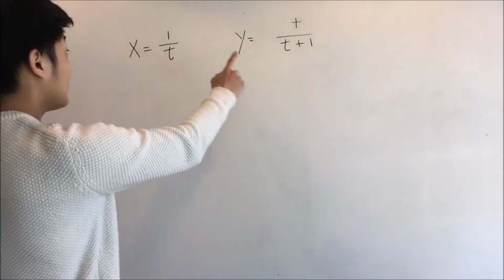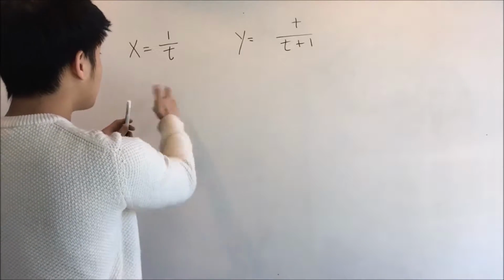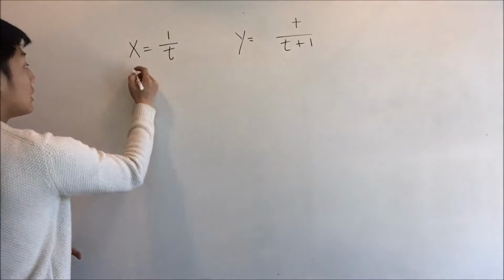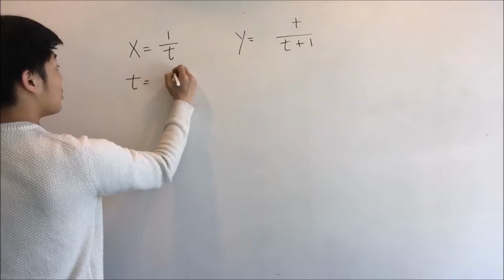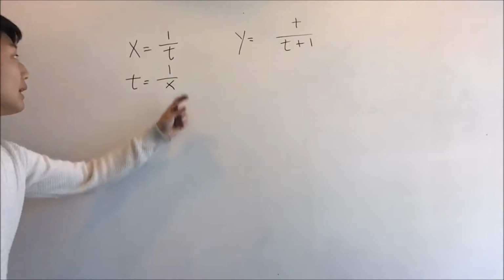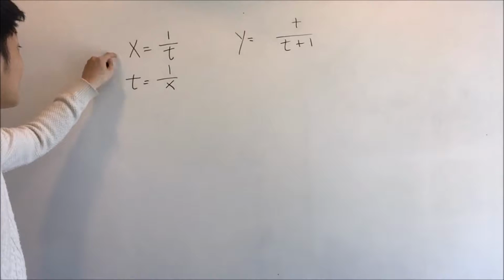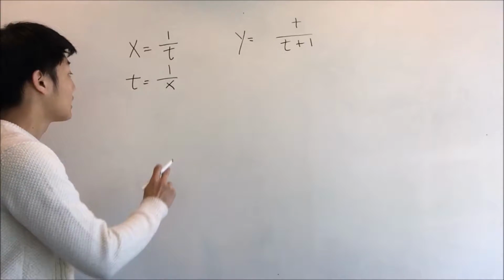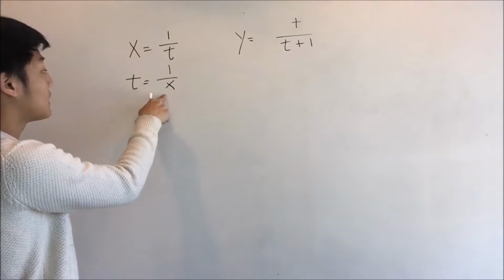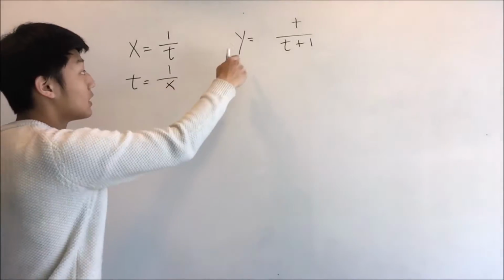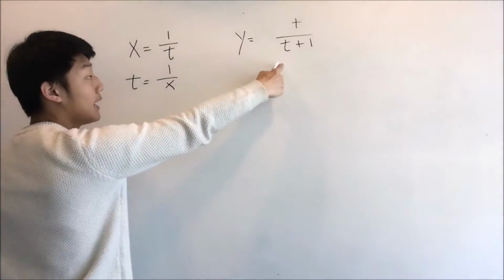Before we begin, let's switch this to t equals 1 over x, by multiplying t to both sides and dividing x from both sides. So now we have the value of t as 1 over x. Let's plug t into the y value.